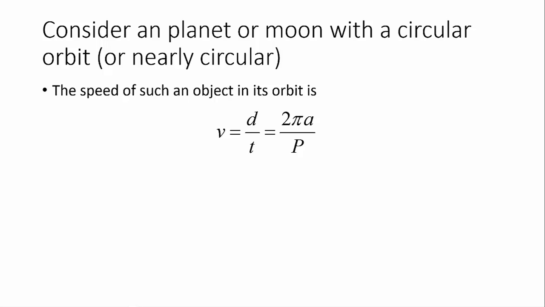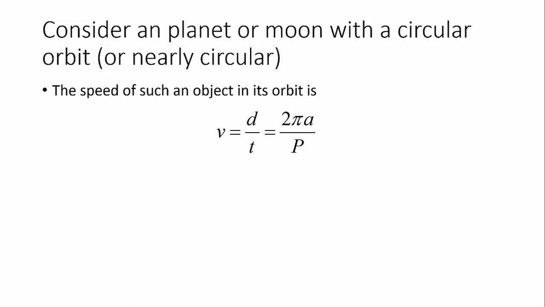In physics, instead of talking about rate, we often talk about velocities, and so we use v. If we're talking about speed, we just talk about how fast it's going and not which direction it's going in. If we want the velocity, we also have to include the direction. But that's why we have a v here. So v is just distance divided by time.